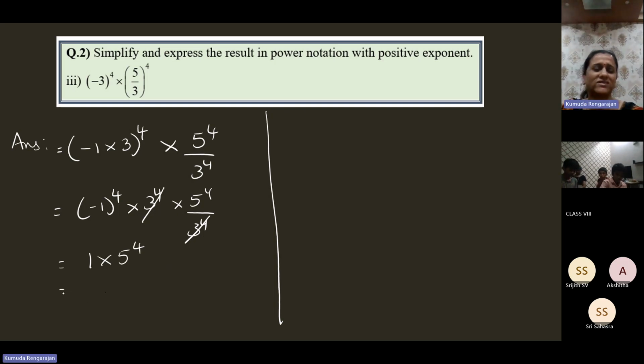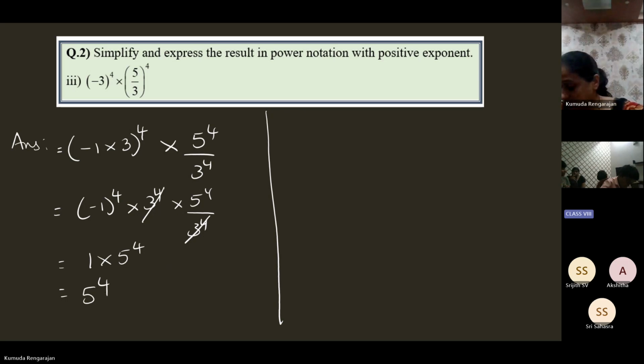Where is minus? That's what, Navneet, when I'm explaining something, you don't listen. Minus 1 into minus 1 into minus 1. After listening to everything, you're asking me where is the minus sign?